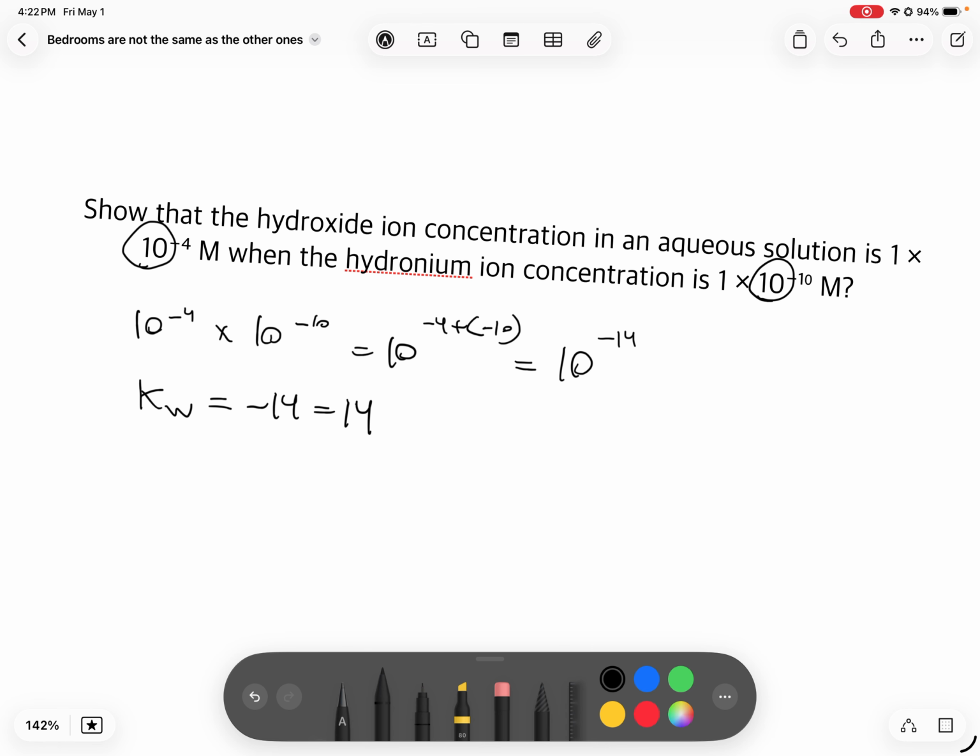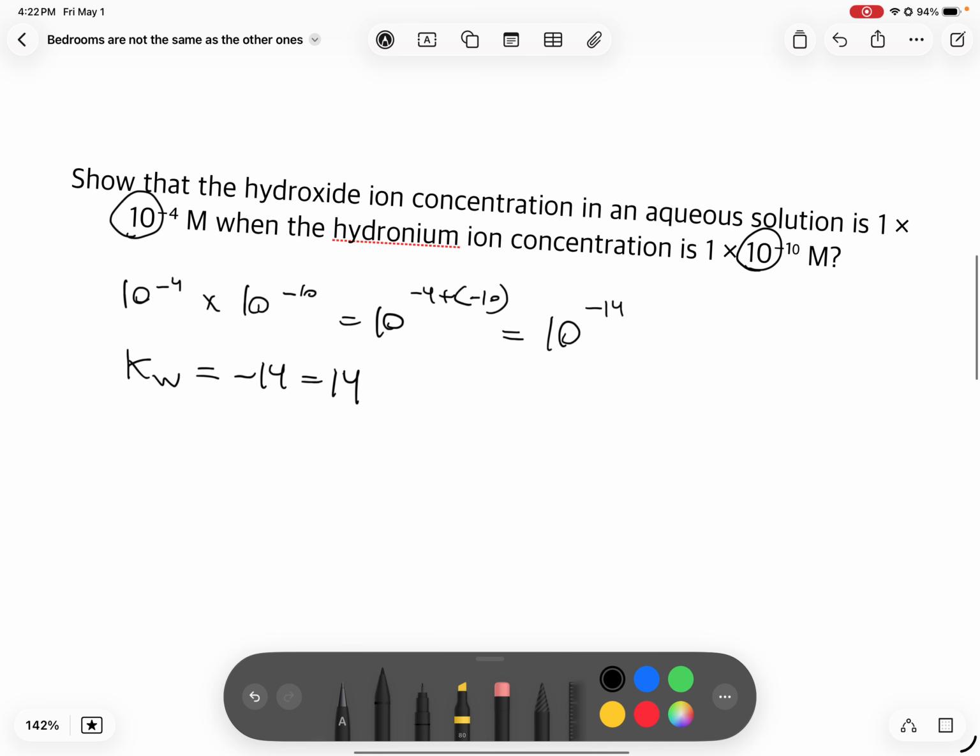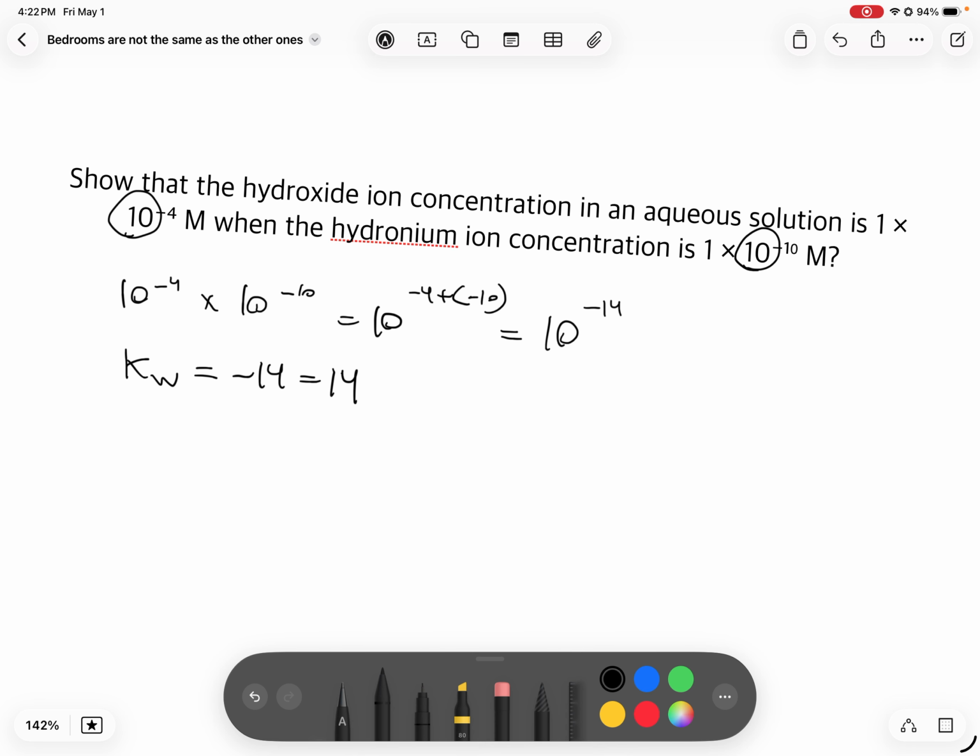Since we can just add the powers when we're multiplying, if we know the hydronium concentration is 1 times 10 to the negative 10, then negative 10 plus negative 4 is going to be negative 14.